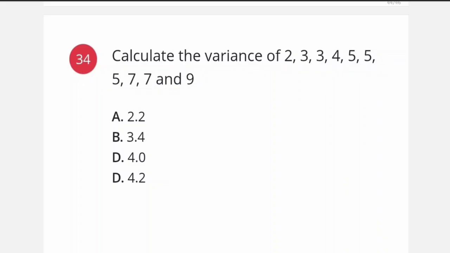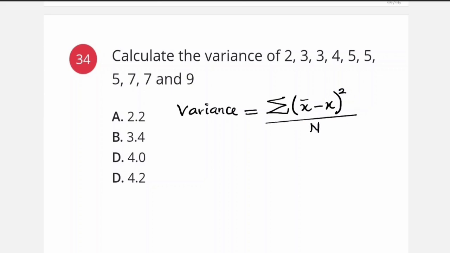Remember that our variance by formula is calculated as the summation of the mean minus each of the numbers given, all squared, divided by the number of data that we are given. Our mean is calculated as summation fx all over summation f, and summation f is the same thing as n.